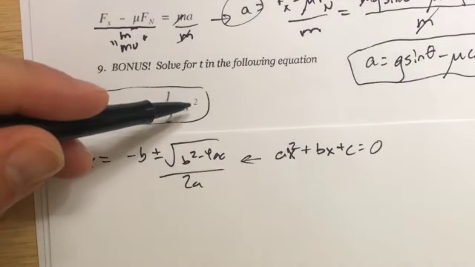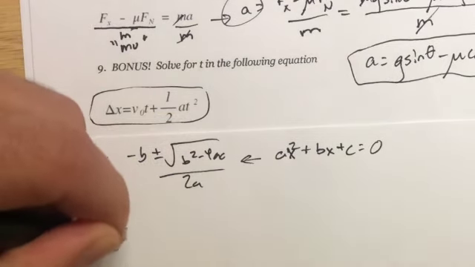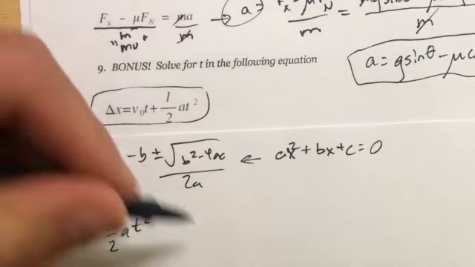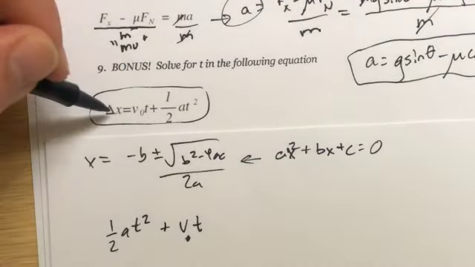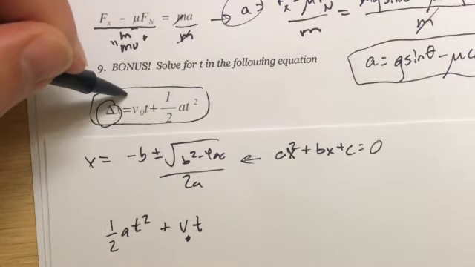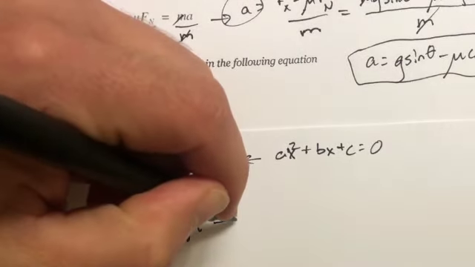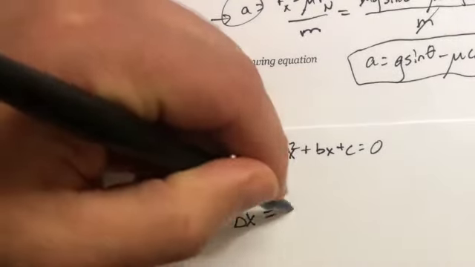Here t in this case is x in this equation. So this is 1/2 a t squared plus v naught t. And then I'm going to take this delta x and move it across the equal sign. Now what happens to something when you move it across the equal sign? It becomes negative. So this is going to become minus delta x, and that all equals 0.